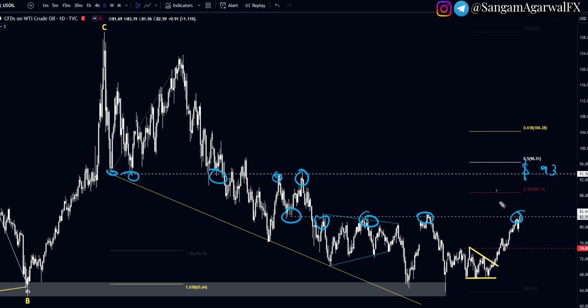There is no big support in the middle. So if it breaks out, then a good chance it goes directly to 93. It is a war between Biden and OPEC. Biden wants it to go down below 64, but OPEC wants oil to stay above 82.